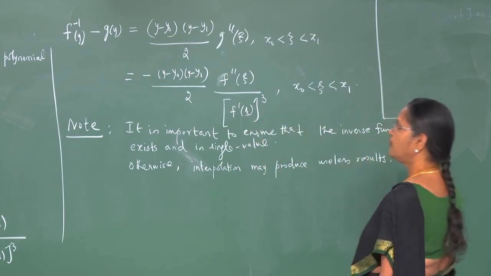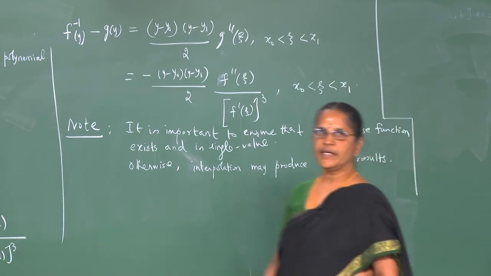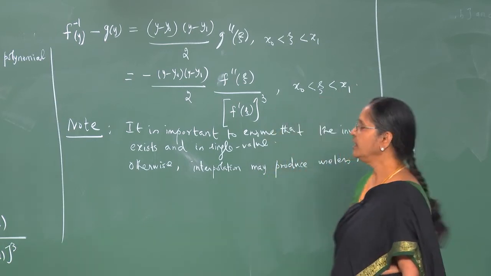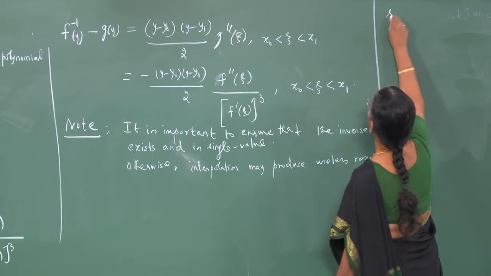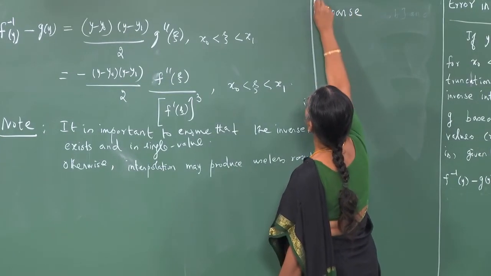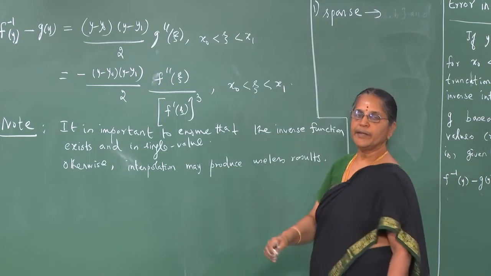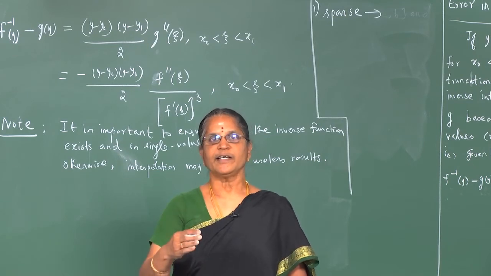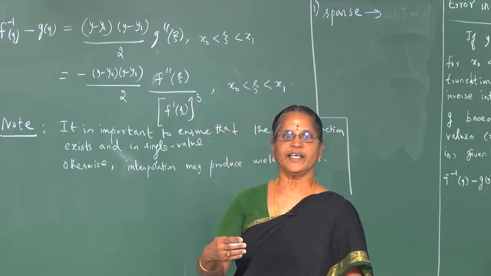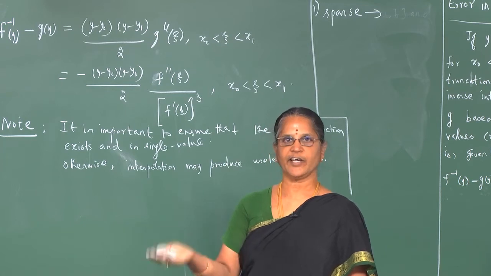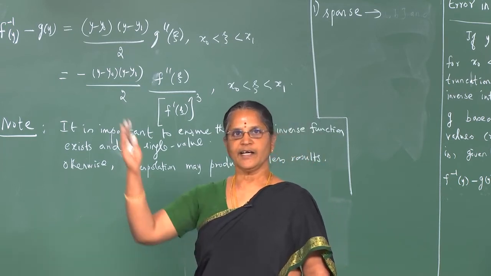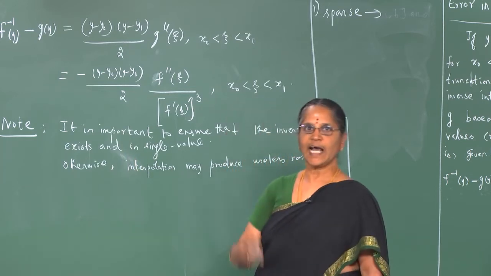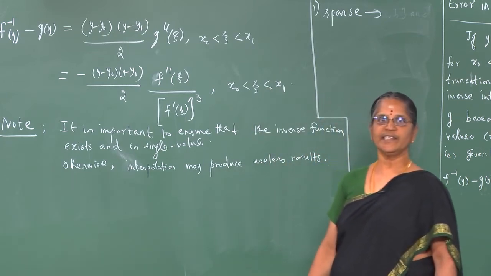The first remark that I would like to tell you is that if a table of values of a function are prescribed to you and that the table is sparse, then in that case the polynomial interpolation that you perform may not help you in obtaining the result to the desired degree of accuracy, no matter how many terms you include in your polynomial. This happens when the table of values given to you is sparse.